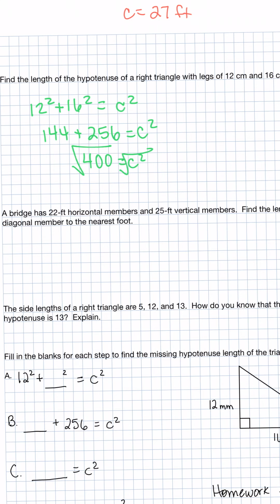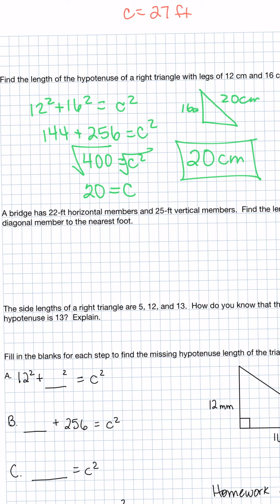Square root. I know the square root of 4 is 2, so therefore if I know that, I can add a 0. C equals 20. So it's going to be 20 centimeters. Isn't that cool how that works?